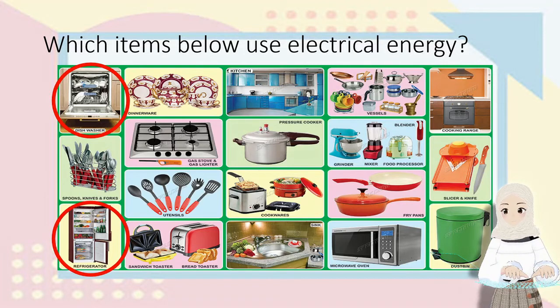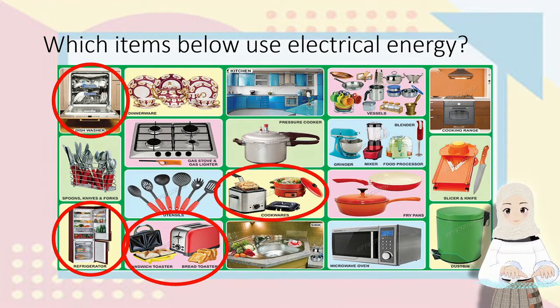The next, refrigerator. Refrigerator uses electricity as well. Toasters use electricity. Cookware: this is a fryer, this is a steamer, this is also another toaster. All these 3 items use electricity.